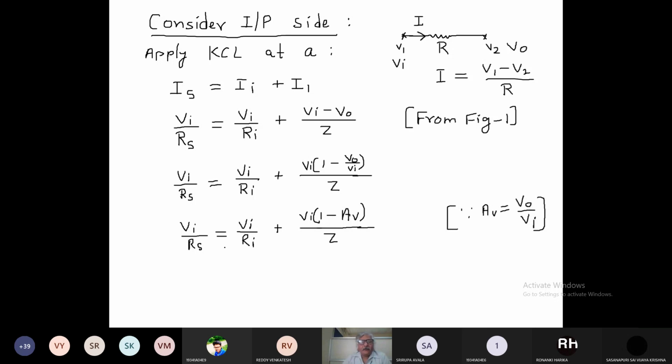Now in all three components, Vi is there, so we can remove this Vi.